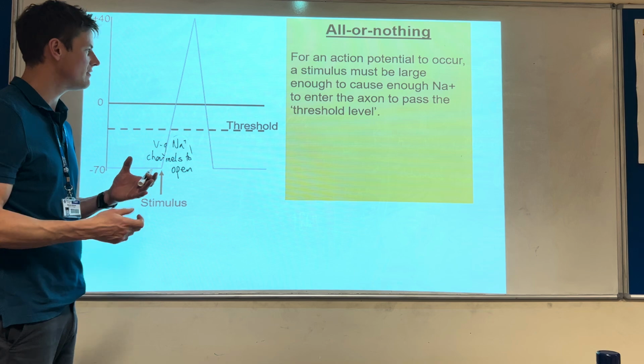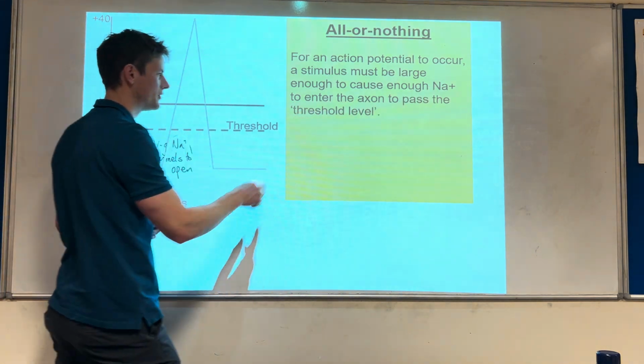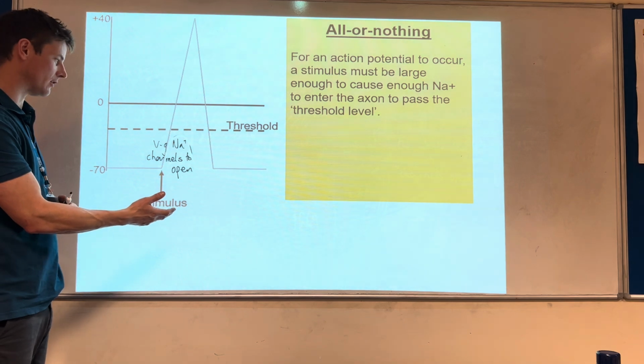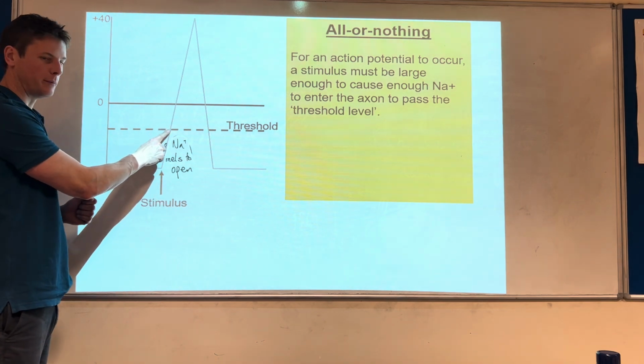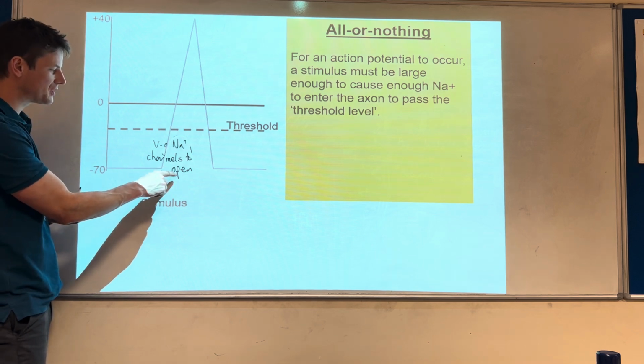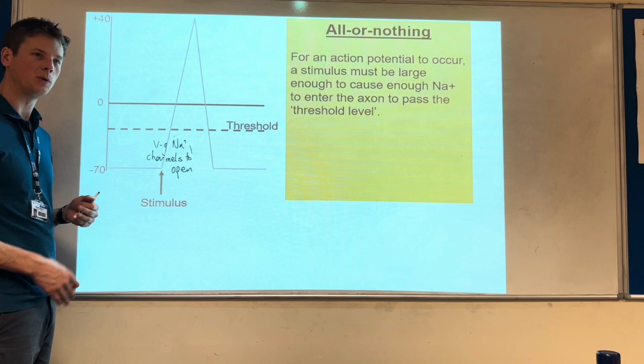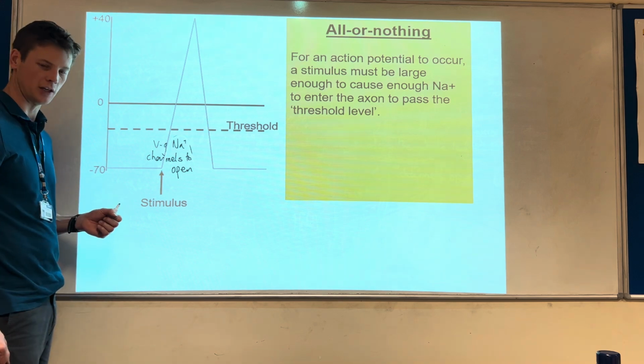So the principle here really is there must be enough sodium ions diffusing into the axon to reach this threshold potential. And that's only possible if enough voltage-gated sodium ion channels open. That's only possible if the stimulus is large enough.